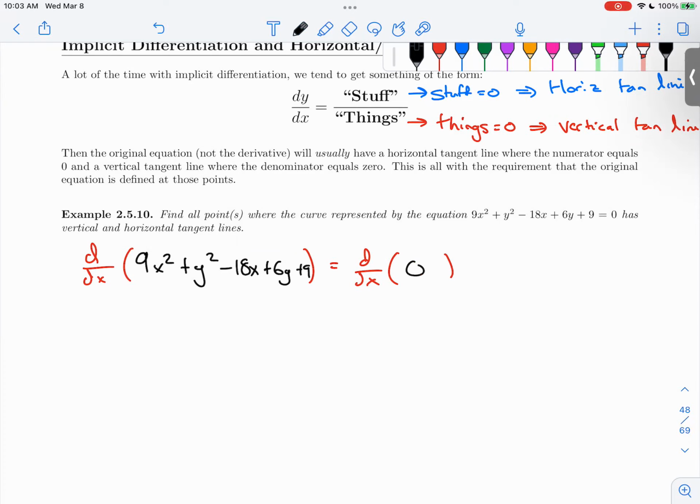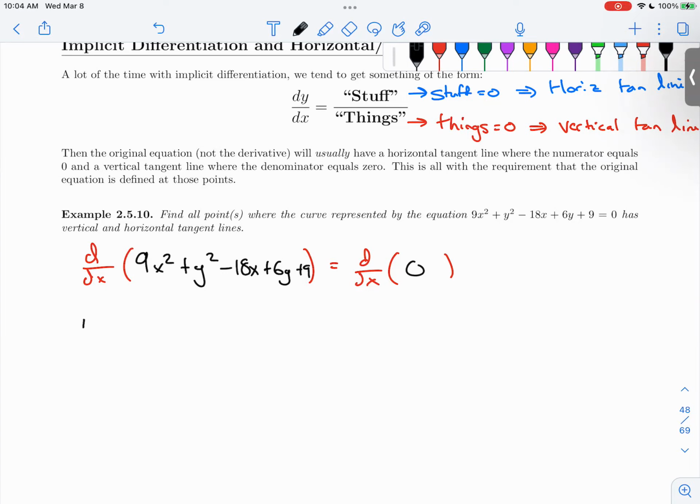And luckily for us, you're going to see that the numerator only has x's, the denominator only has y's. I promise we're only going to be dealing with ones that are very nicely solvable. Solving multivariable equations, that's for 283 stuff. So if there was a problem on an exam or a quiz that had you do horizontal and vertical tangent lines of implicit differentiation, you should get nice things that are not too terribly hard to solve.